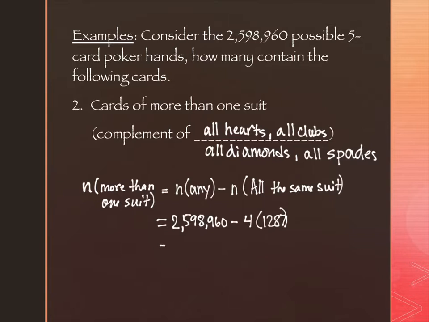So if I take 4 times 1287, multiply, and then subtract from 2,598,960, what do I get? It's still a lot. Still well over 2 million. 2,593,812.